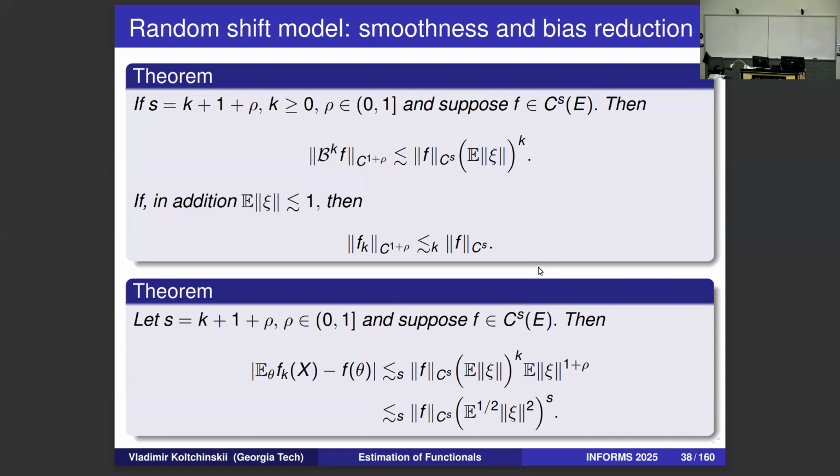All this follows from these integral representations. You remember that the bias can be expressed in this way, and that's why bounds on the bias follow from these considerations.